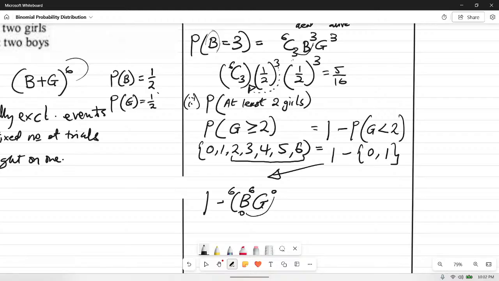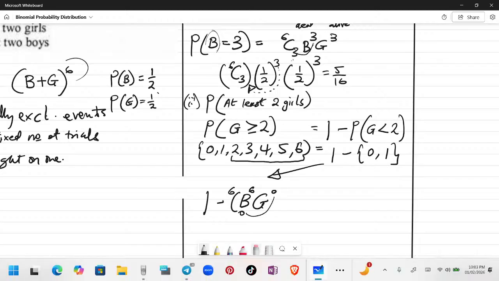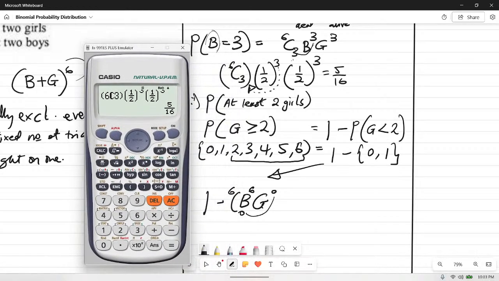It works in a way, but sometimes I just have to be careful. There's a classic question in the Nigeria 2025 or 2024 WASSCE where this method was very much employed because this combination 0 is 1 and also this combination 6 also 1. So it will trick you.